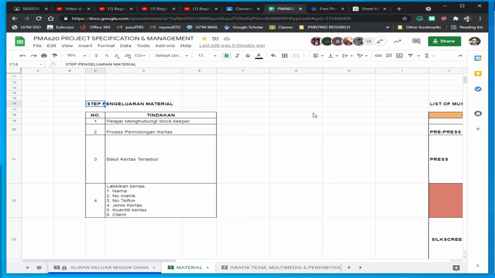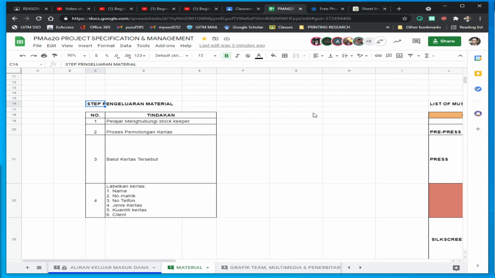So if I calculate this correctly, I would like to share with you, Halim, the total number of packets required for glossy art card, following my steps, is 32 packets.